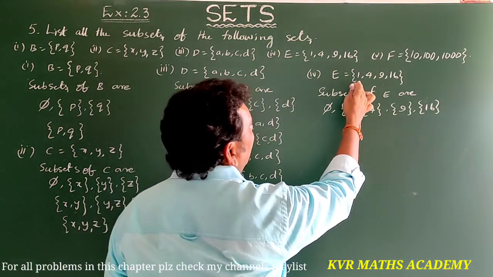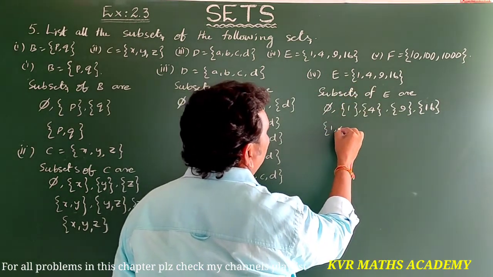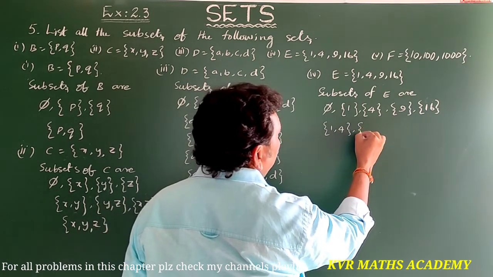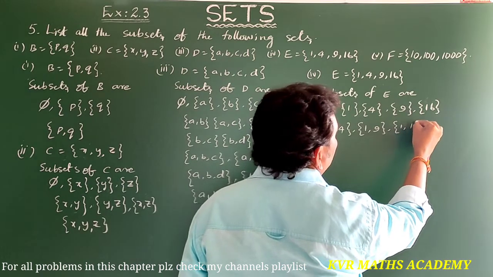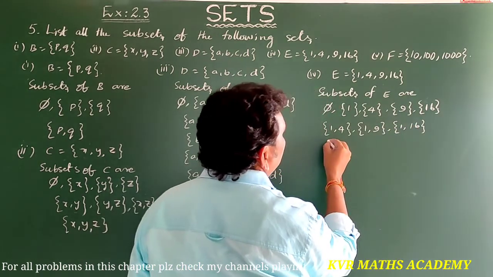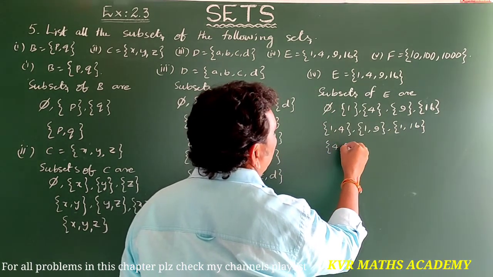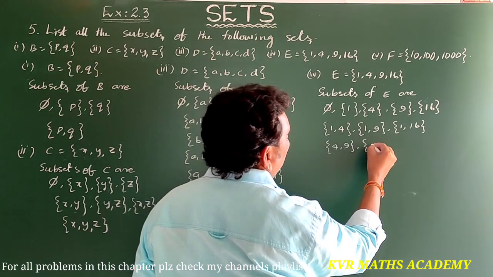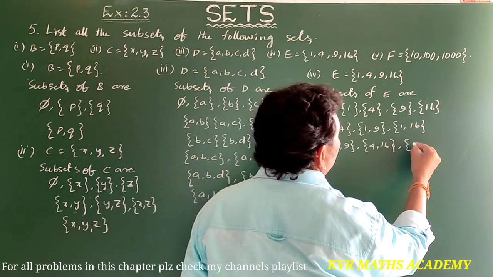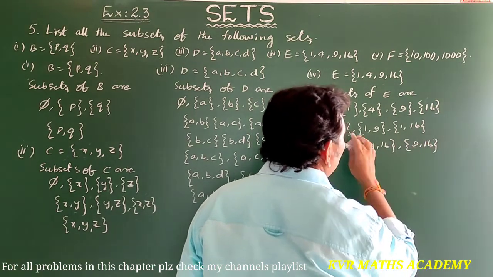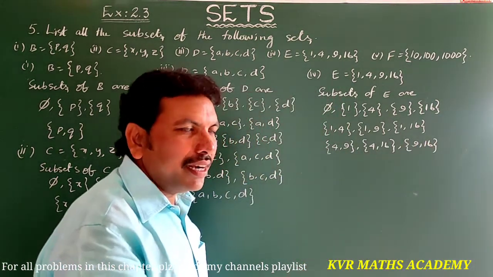Double elements: set of 1 comma 4, set of 1 comma 9, set of 1 comma 16, next set of 4 comma 9, set of 4 comma 16, and set of 9 comma 16. So two elements completed.